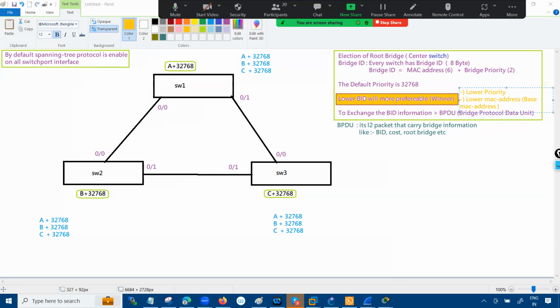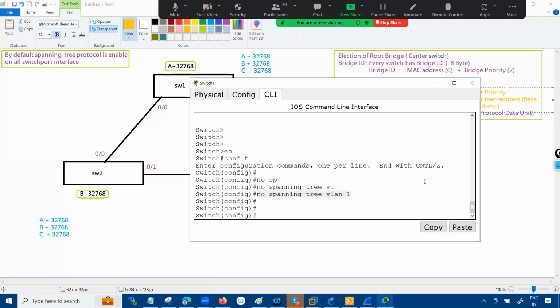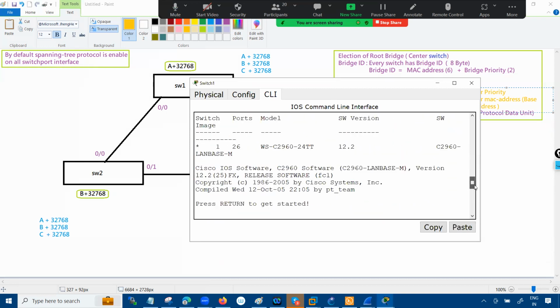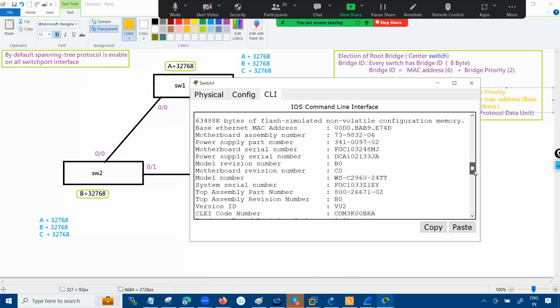Let me show you this as well. That's for the complete switch, not for the interface. Again, I'm repeating, that's for the complete switch, not for the interface.